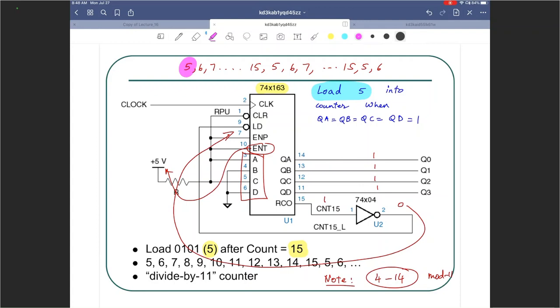So, my answer to your question is load 0 into the counter when the count reaches 5, right? Load 0 when count reaches 5. So we will have to figure out a way to detect 5. Questions about this?